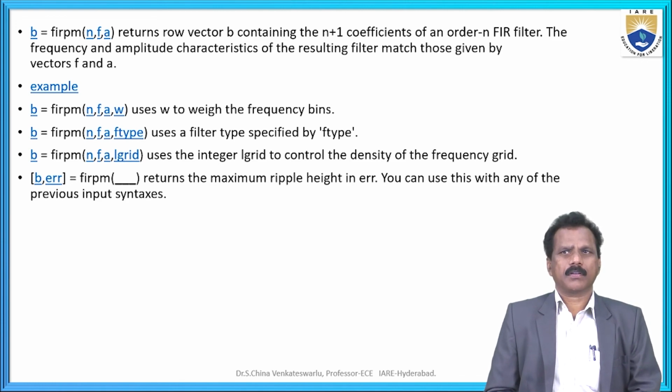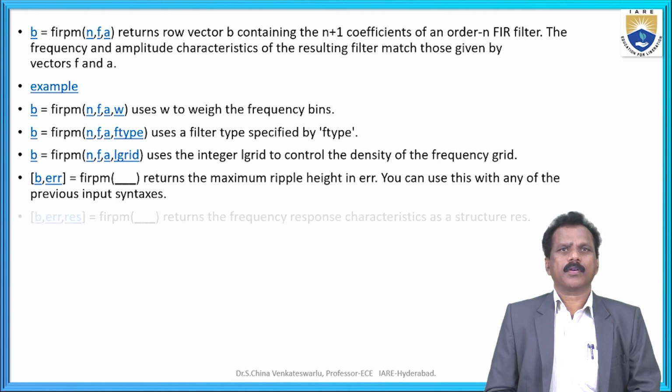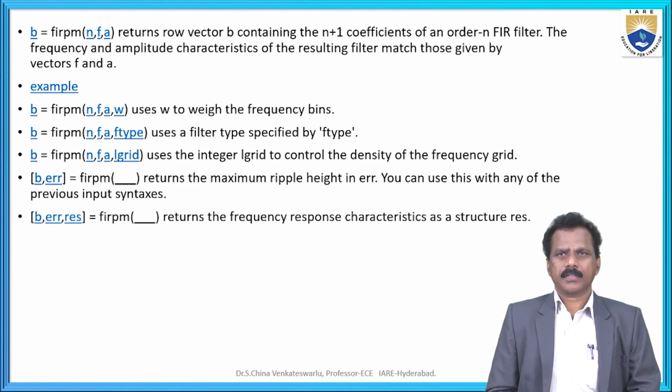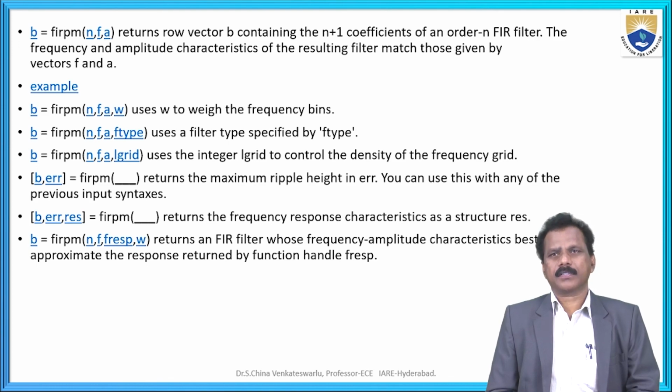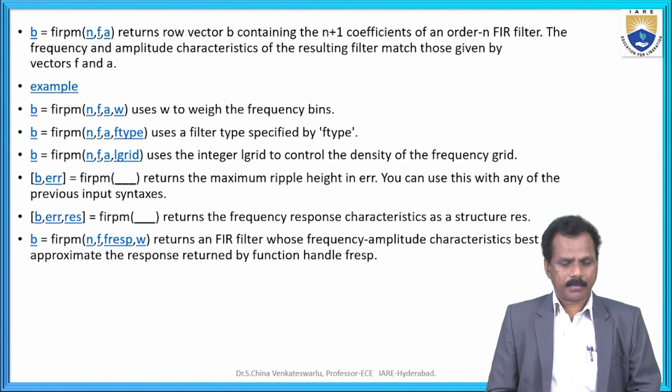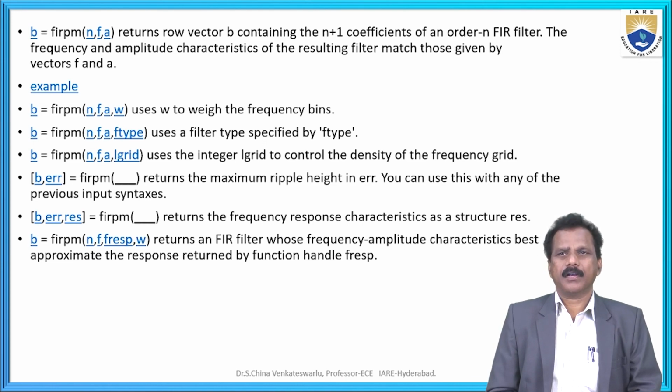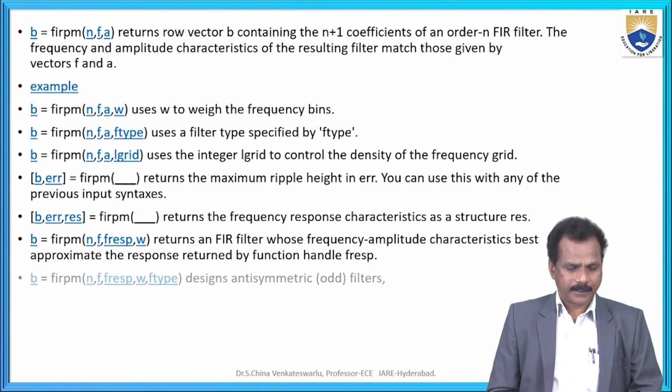You can use this with any of the previous input syntaxes. It returns the frequency response characteristics as a structure: an FIR filter whose frequency amplitude characteristics are the best approximation. The response is returned by the function handle for the frequency response.